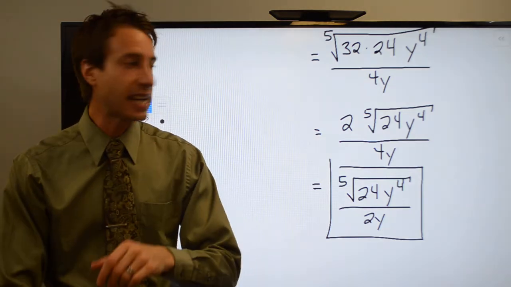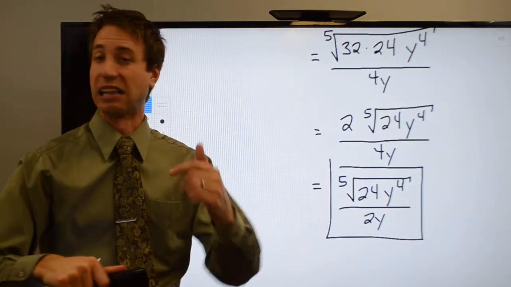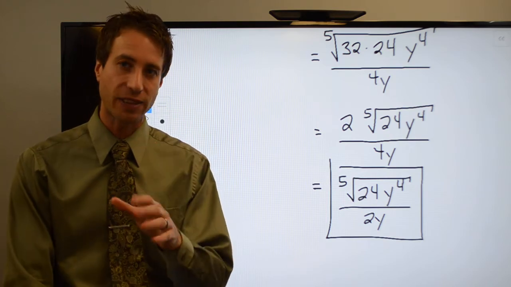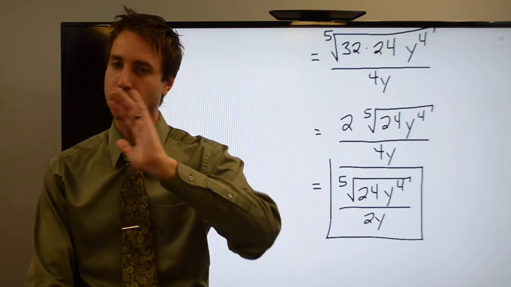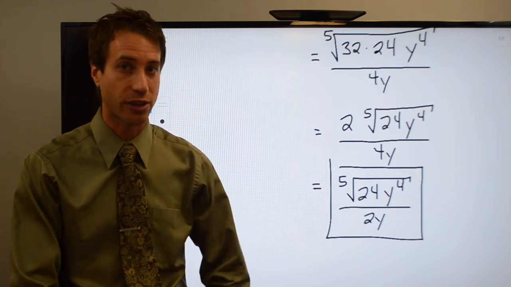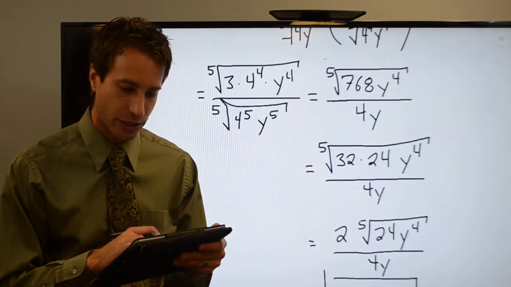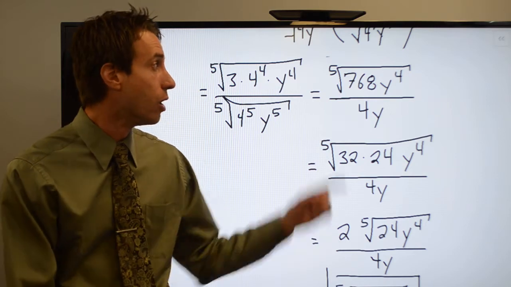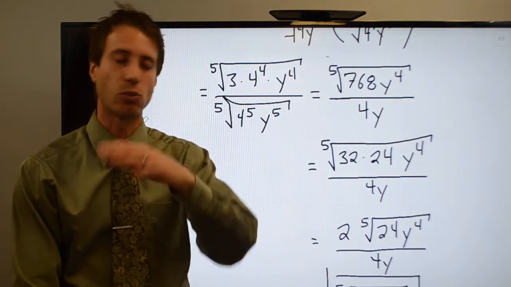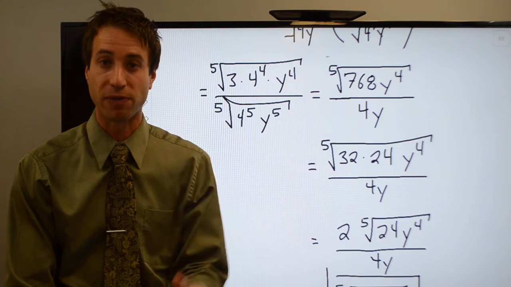And I realize it's just going to take a little bit of getting used to. It's definitely going to take some work with a calculator, which is why you should have a calculator with you when you're doing these. I do not expect you to know, right, that 768 is or is not a perfect fifth root, right?